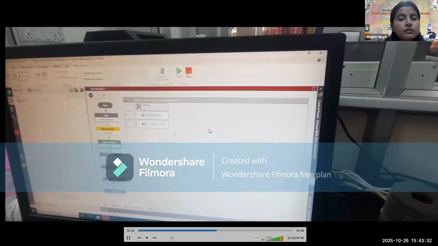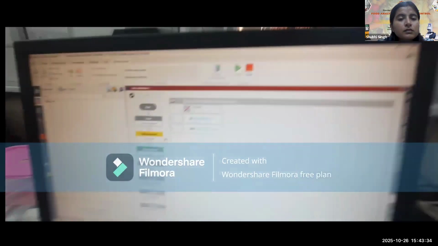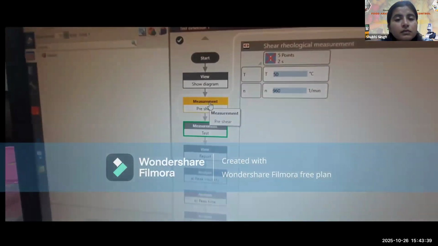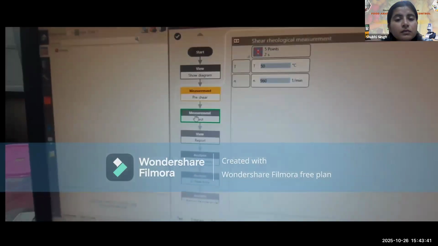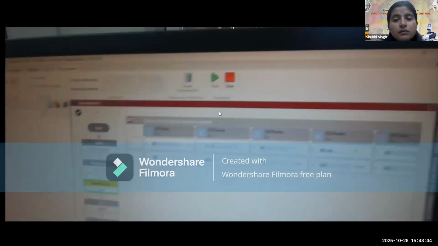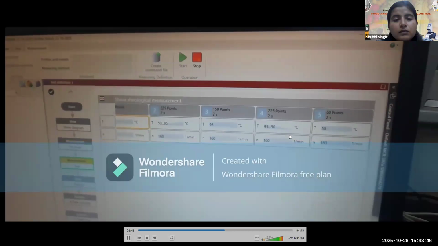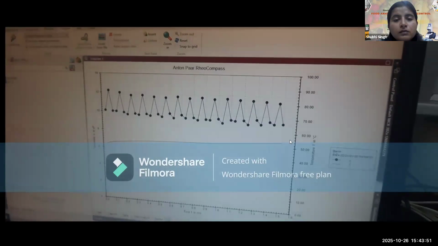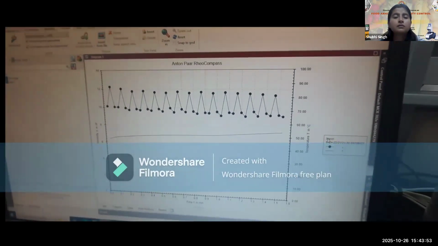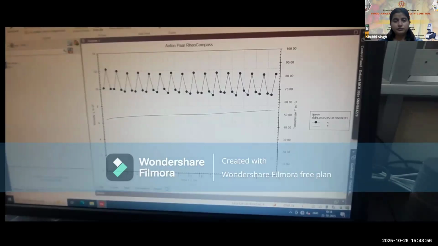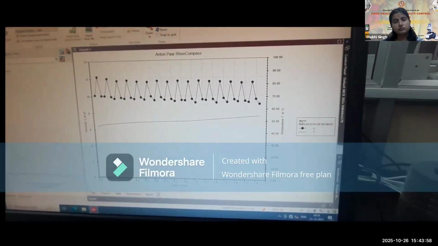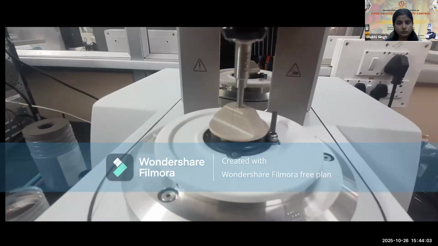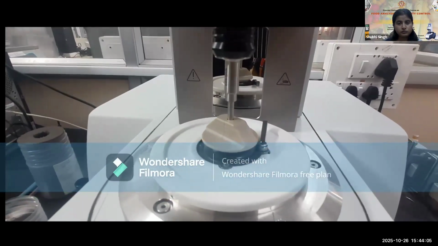The third process has been set for 95 degrees Celsius for 160 rpm for 300 seconds. The fourth process is the decline phase of the temperature. The temperature is declined from 95 degrees Celsius to 50 degrees Celsius for 160 rpm. And the last process is set at 50 degrees Celsius for 160 rpm for 1 minute.